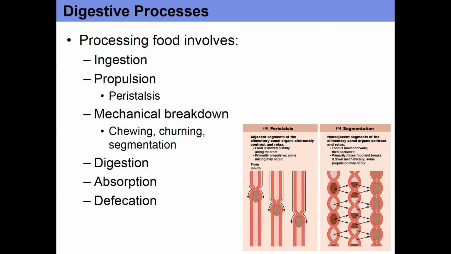So what you're seeing in the segmentation is that alternating contraction and relaxation to expose the chyme to those digestive juices in the small intestine. Those enzymes, those digestive juices, help break the bonds in protein or in fat to generate smaller molecules that we can absorb.